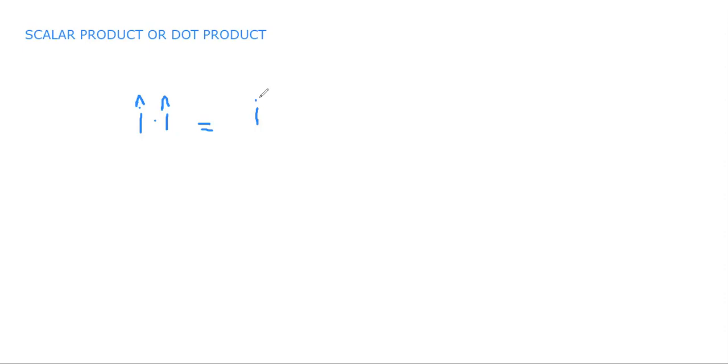Now unity is the magnitude of a unit vector, so it would be 1 into 1 cos theta. Now this I cap is for the x-axis and this I cap is also for the x-axis. So the angle would be 0 degrees because they are in the same line. So it would be cos 0, and cos 0 is 1. So the answer would be 1.